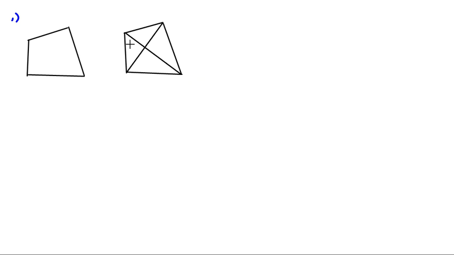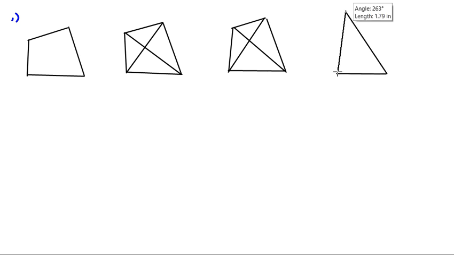For the next one, we should draw the quadrilateral and the diagonals. For the last one, we should draw the quadrilateral and extensions of the opposite sides. It is first one, second one, third one, fourth one. You should memorize them.